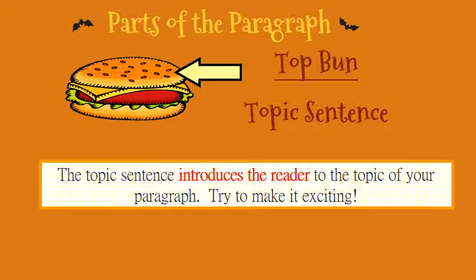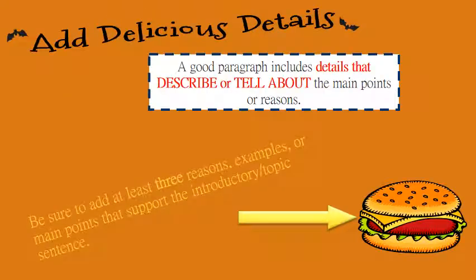So what should I add after the topic sentence? The topic sentence alone is not enough to make a paragraph. I must add details. Add the delicious details. A good paragraph includes details that describe or tell about the main points or reasons. And these main points and reasons should stick to the topic that has been mentioned in the topic sentence.